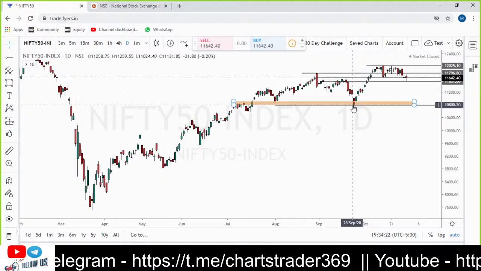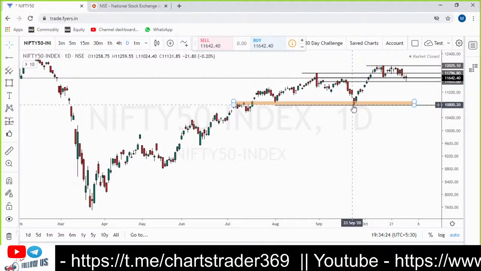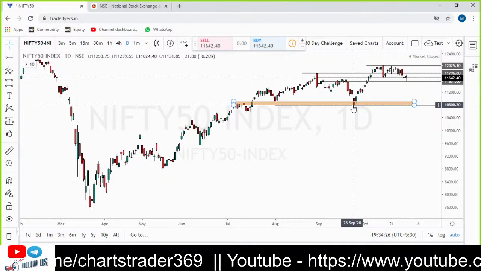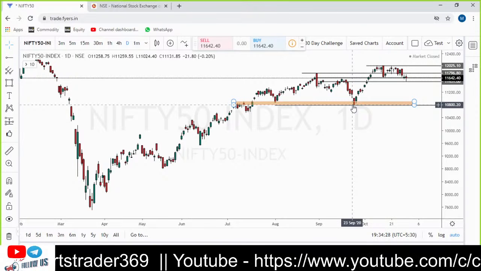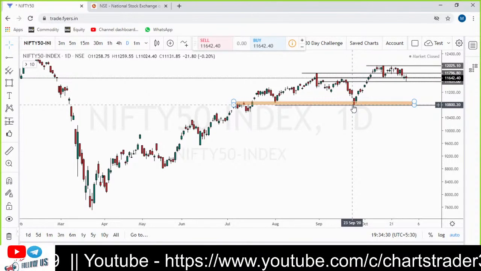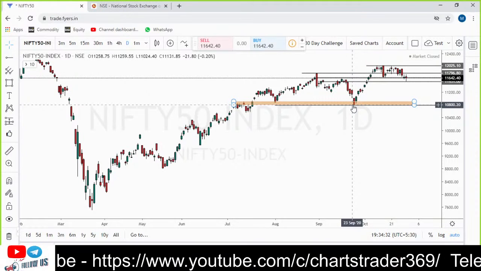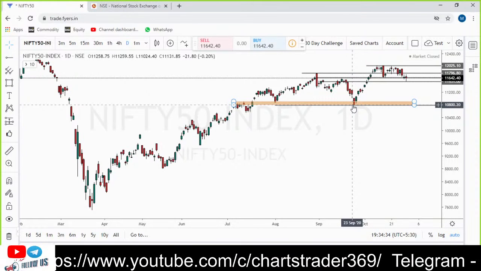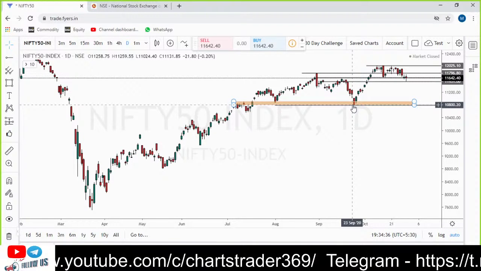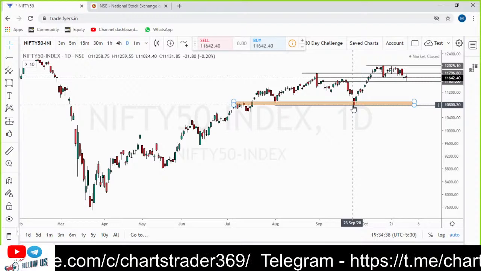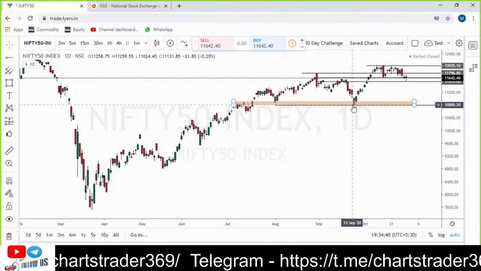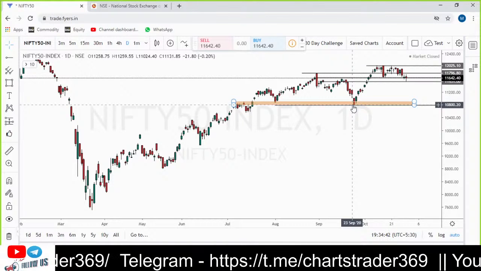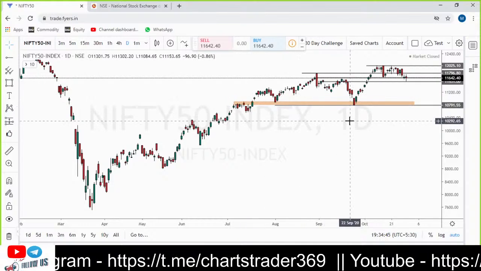But before taking the entries, you should observe some candlestick patterns or some indication where it is showing you some bullish movement. Only then you should take the trade. Hope you are getting it. Time frames are not important, but price levels are important.